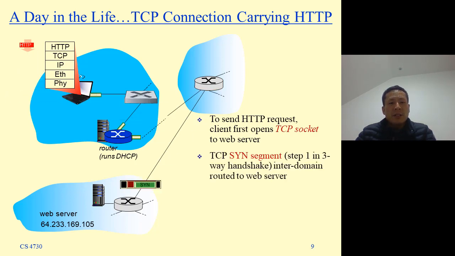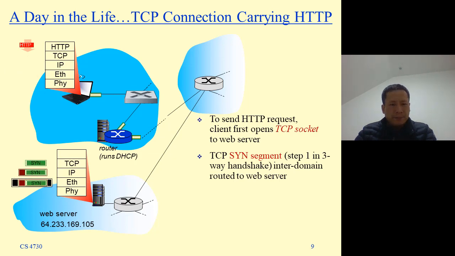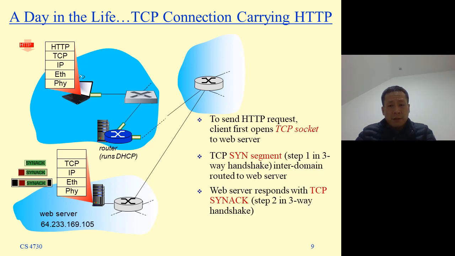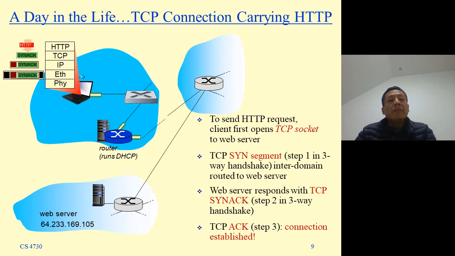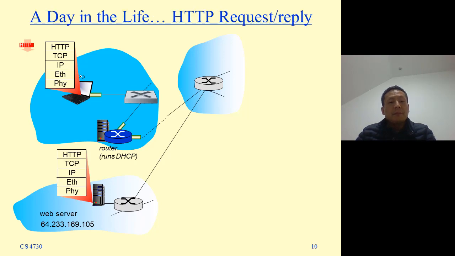All right. This three-way handshake is something you are very familiar with. You go back and forth and then get the TCP session established. Then the HTTP datagram can be sent over the active TCP session you just established.